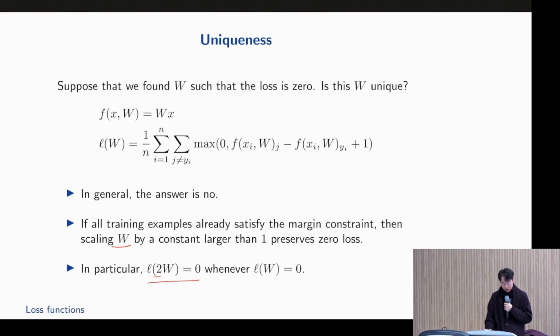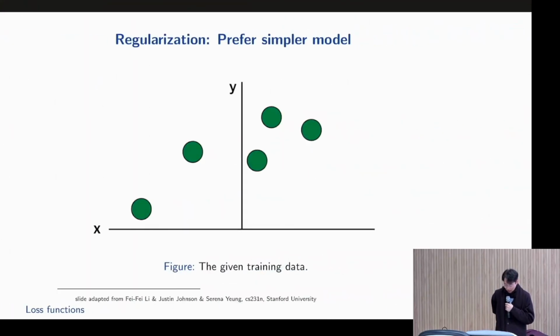So this choice of W is not unique. And this is very hand wavy, I know. If you take my machine learning class, we do more theoretical analysis. But here for our undergrad class, we're going to introduce regularization more conceptually.